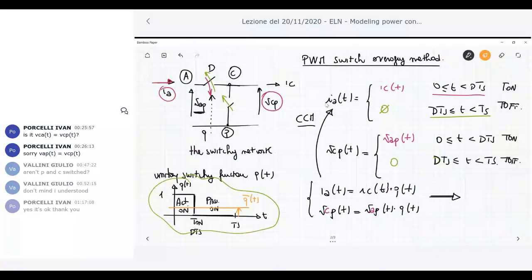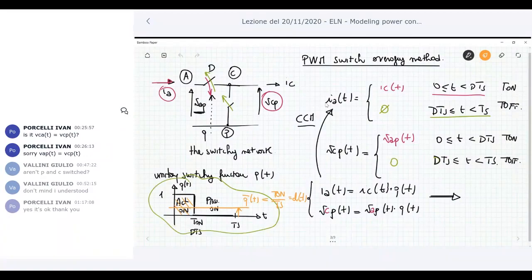The average value over TS is given by what? It's given by the area here, which is T on multiplied by 1 divided by TS. So this is exactly the duty cycle. Okay, now the duty cycle is something that changes with time because we are not in steady state, so we write it with a small letter. Okay, so the average value of the unitary switching function is exactly the duty cycle.